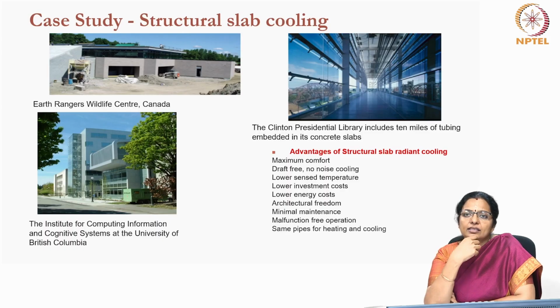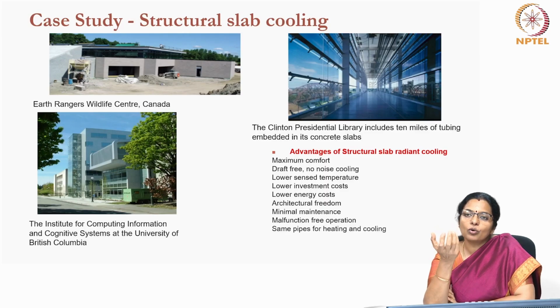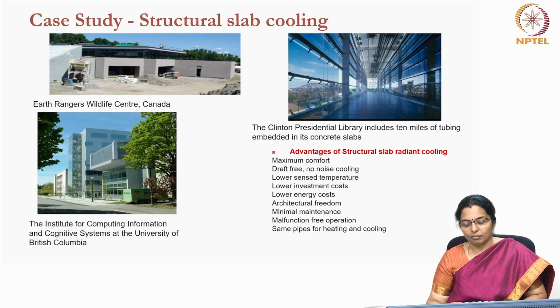Minimal maintenance is required, malfunction free operation, and the same pipe can be used for heating as well as cooling. During colder parts of the year, warm water is pumped through the pipes and the exact same conceptual process is followed.